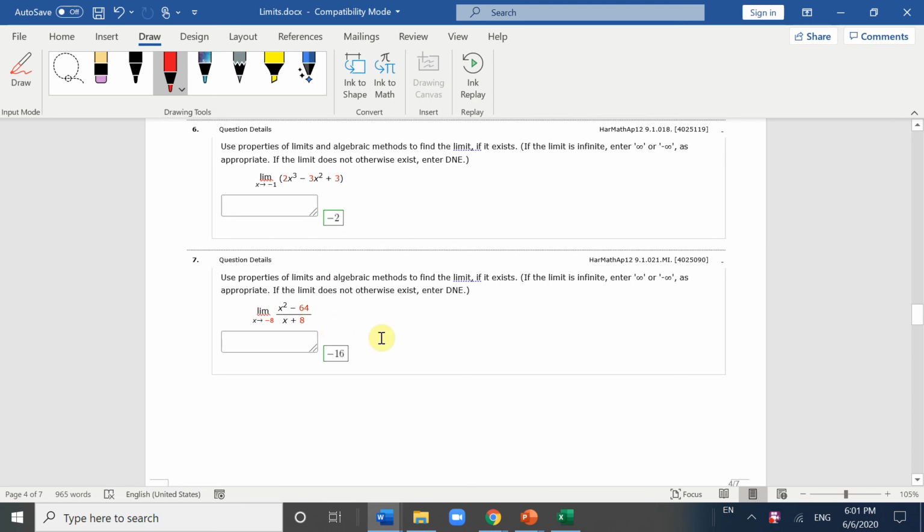Number 7, when x approaches -8, this is also 0 over 0 form. Then we could just simplify this function. We do the factoring on the numerator. It cancels out x plus 8. Just replace x by negative 8.